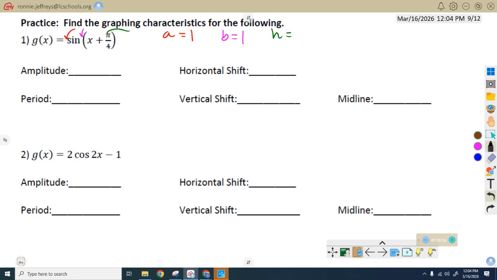H. Okay, it's pi over 4. Now, remember, it's the opposite of this. So, negative, yes. Still have yet to figure out why that is. It's just backwards. All right, what's our K? 0.